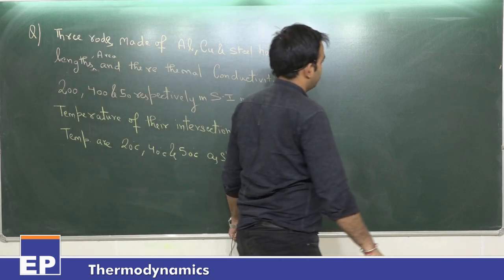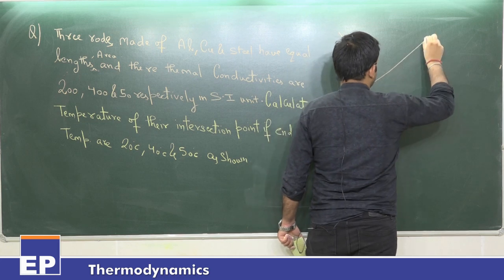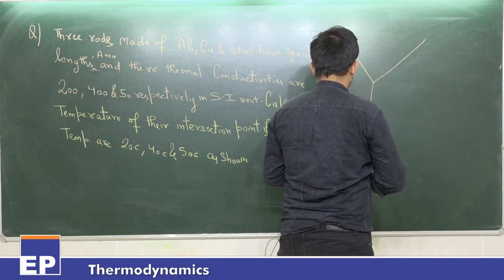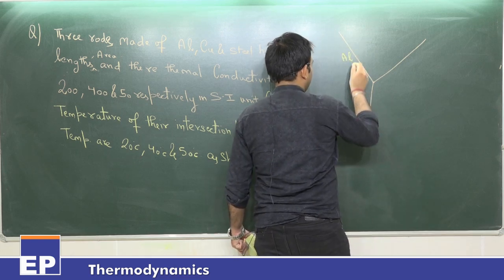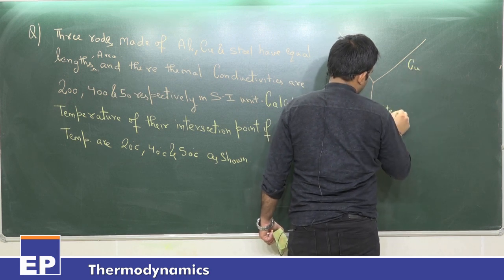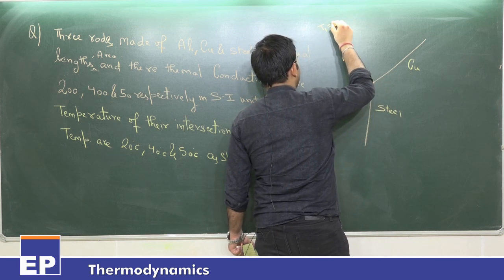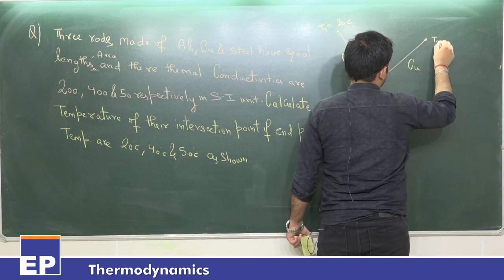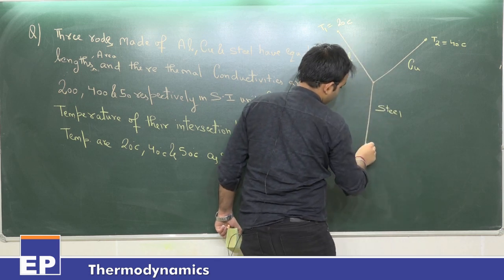So this is given. There are 3 rods given like this, which are made up of equal length. This is made up of aluminium. This is of copper. This is of steel. Their temperature is 20 degrees Celsius, 40 degrees Celsius and 50 degrees Celsius.